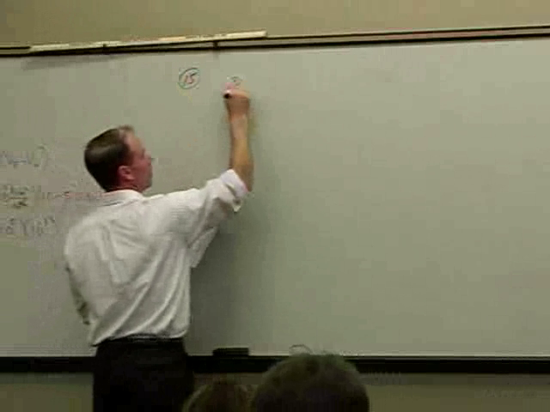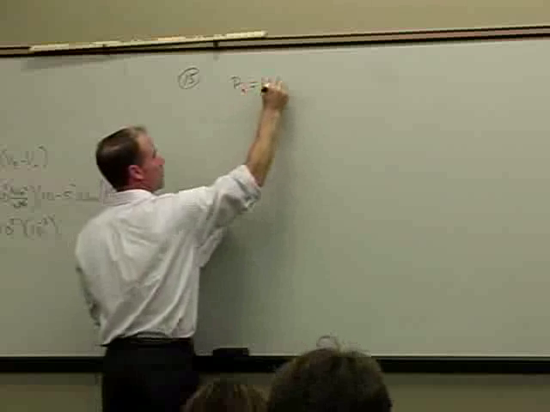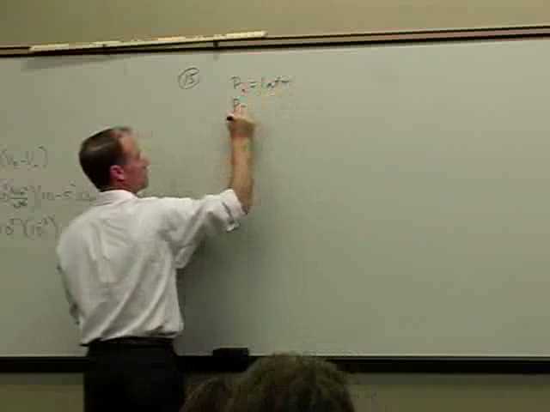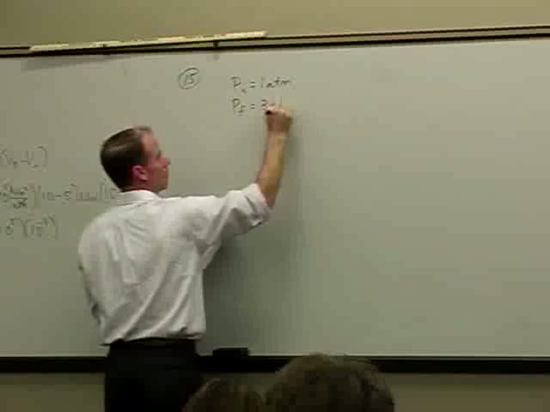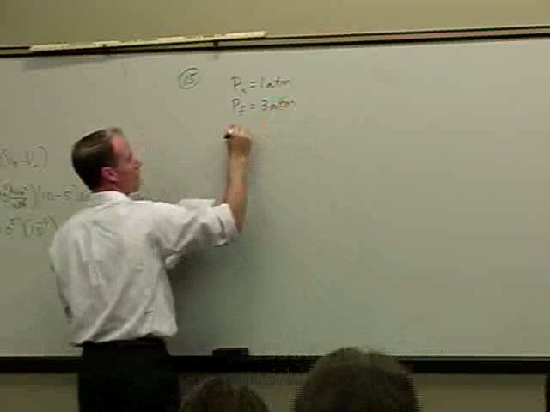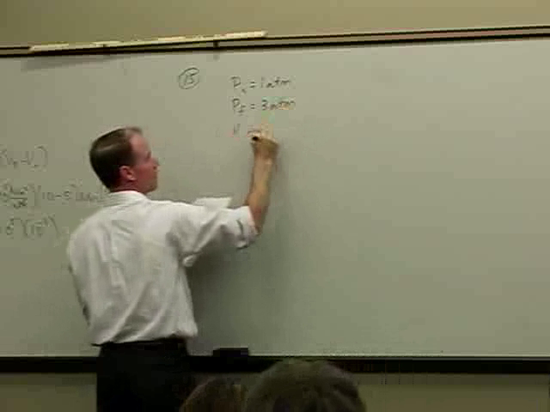Initial pressure is 1 atmosphere. Final pressure is 3 atmospheres. The change in volume is 0. Volume is constant.